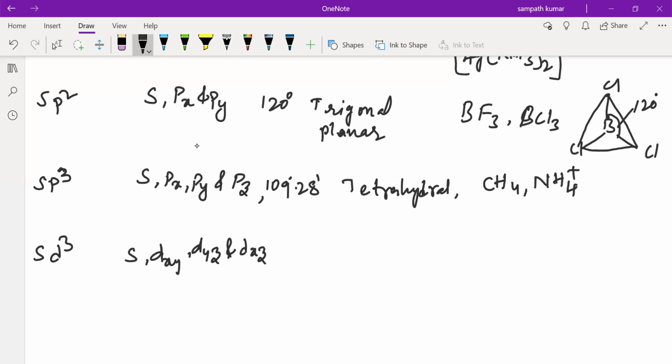Here also the bond angle is 109 degrees 28 minutes, and the geometry is tetrahedral. Tell me an example.